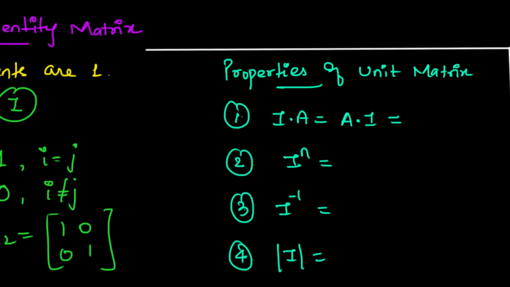There are some handy properties of identity matrix. I is the multiplicative identity for a matrix, which means that if you multiply I with A or A with I, you will get A itself. If you raise I to the power of n, you will get I itself. If you have to find the inverse of I, then it will be I itself. And finally, if you have to find the determinant of I, then it will be 1. That's it.